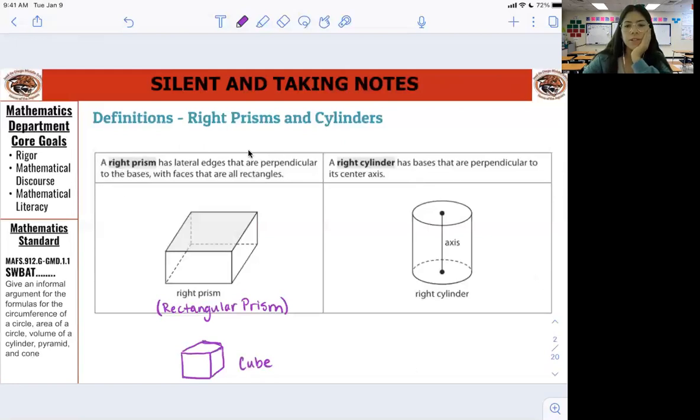Any questions on these two? I'll give you guys a few more minutes to keep writing. Pretty simple stuff so far.